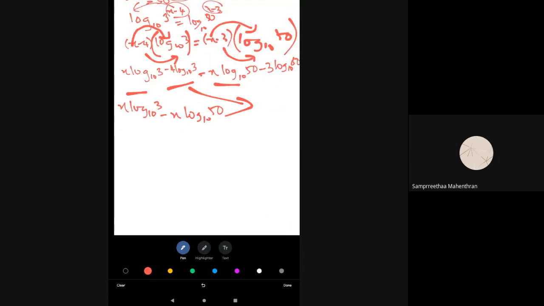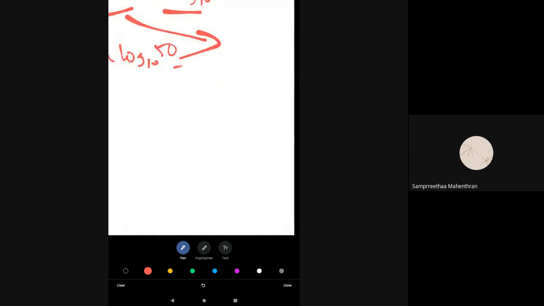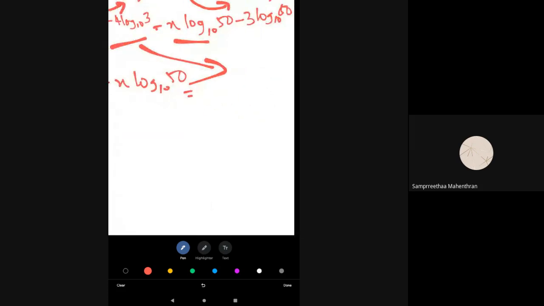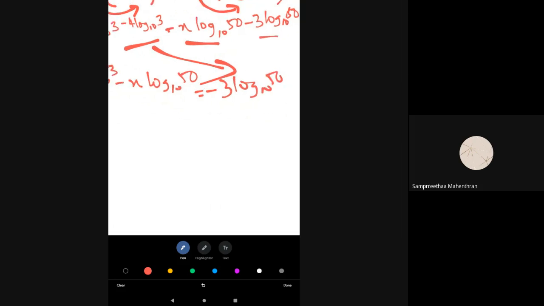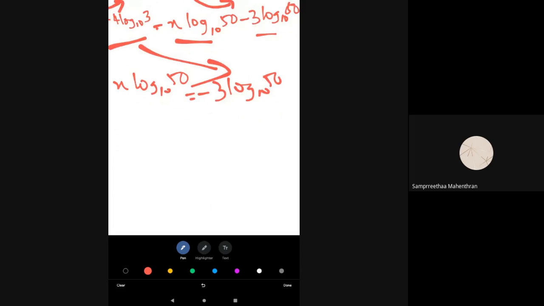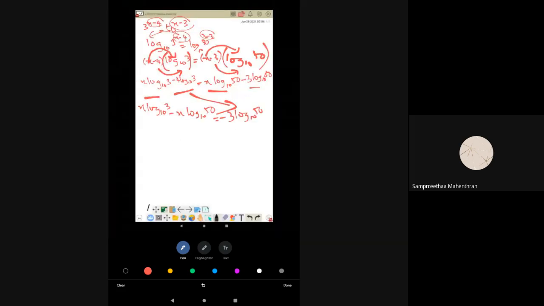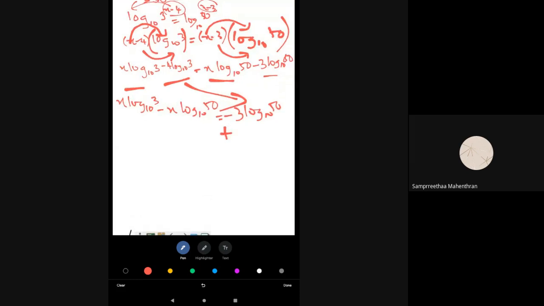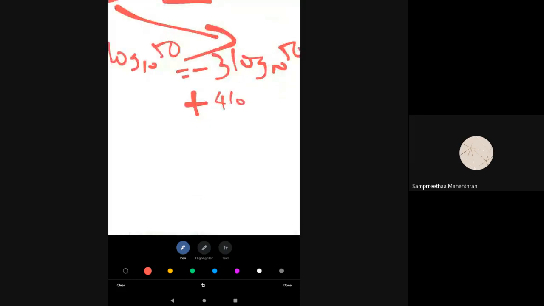Then negative 3 log 10 50, this one. And the other one, negative 4 log 10 3 will be positive 4 log 10 3.